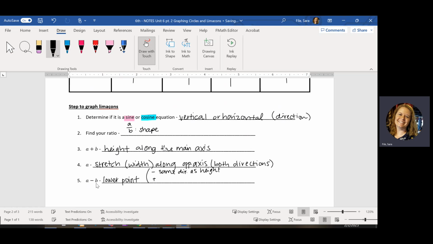But if you get a positive number when you subtract, you're going in the opposite direction as your height. Now, what if you get a 0? What does that mean? That means it's a cardioid and you're just going to be at the pole, right? You don't go anywhere.